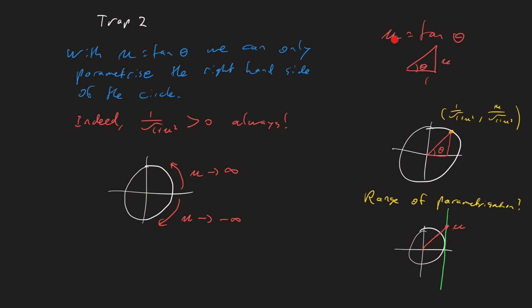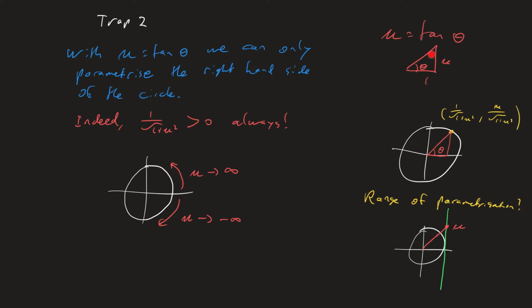Making the substitution u equals tan theta is illustrated in this diagram here. The angle here is theta. The corresponding point up here, which we worked out from this triangle here, has got coordinates given by this and this. But this picture here doesn't show us explicitly what u is equal to.